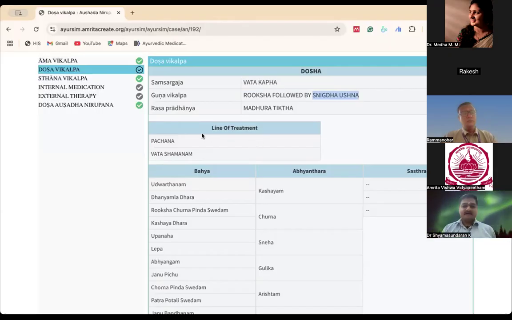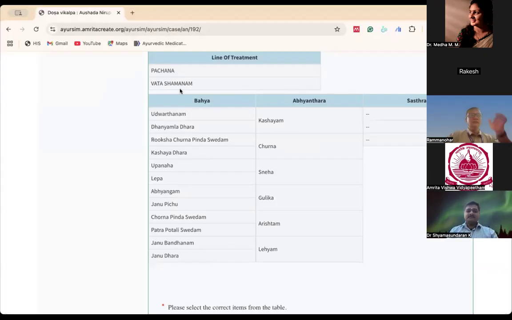And again, the line of treatment. So you have done the dosha vikalpa. So the line of treatment would be the pachana, which is again a type of ruksha. And then vata shamana. That is why you use madhura and tikta rasa.